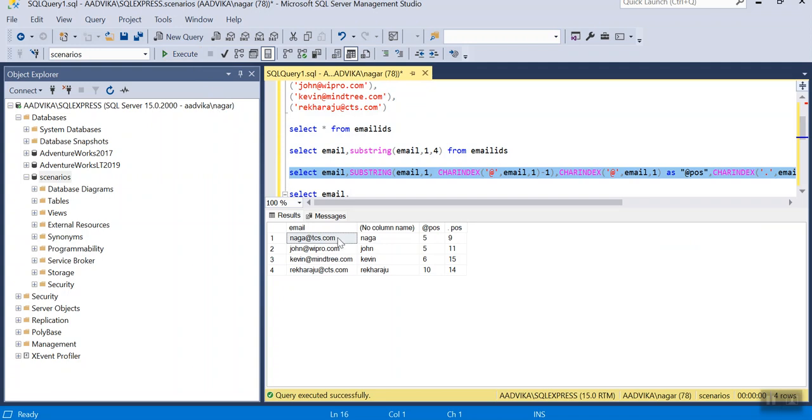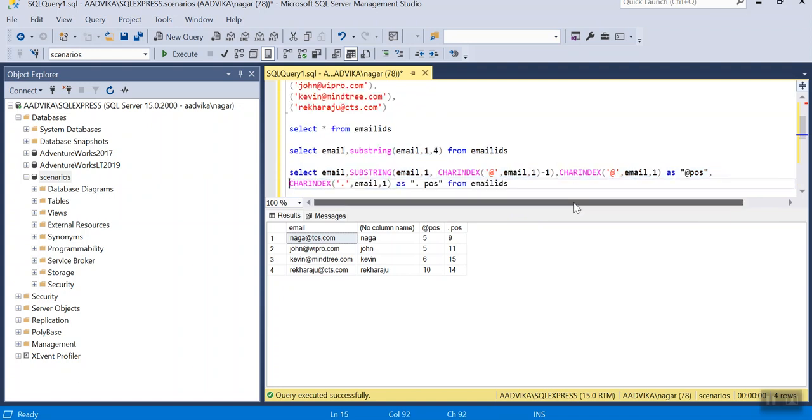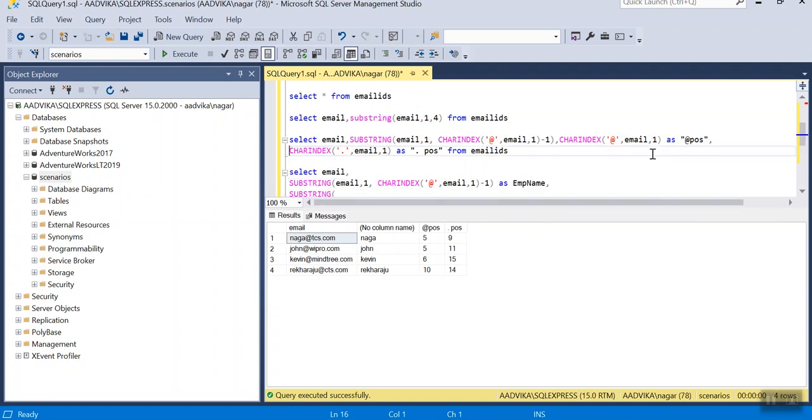If I execute this, see, the at the rate position is 5 and the dot position is 9.